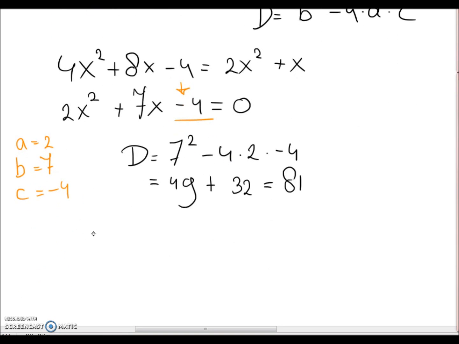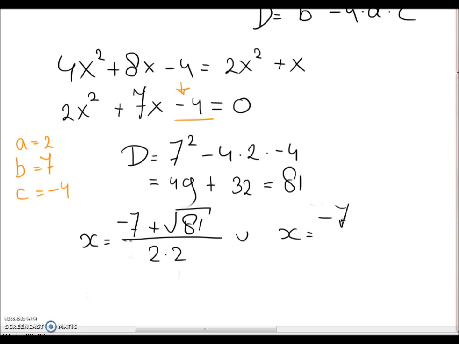So let's write them down. X is equal to minus b, so minus 7, plus the square root of d, in our case 81, divided by 2 times 2, or x is negative 7 minus the square root of 81, divided by 2 times 2.